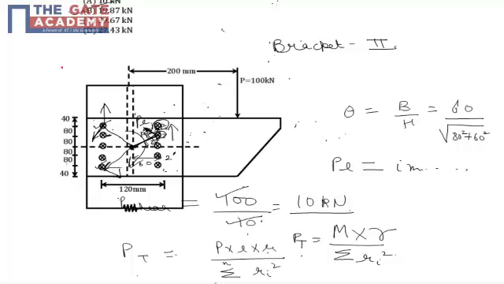If I draw this on a clearer scale like this, I'm saying that this is angle theta, this angle is 90, this angle is 90 minus theta, so this angle automatically reduces to theta, that is, the angle of action of forces is the same as the angle of inclination of this radial line of bolt 2 with the horizontal, which comes out as B by H, that is 60 upon R, which is the root of 80 square plus 60 square.